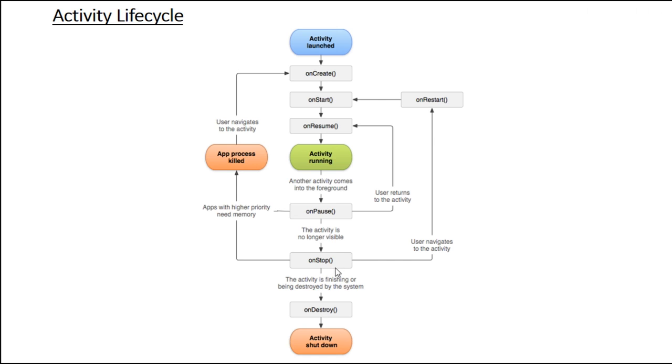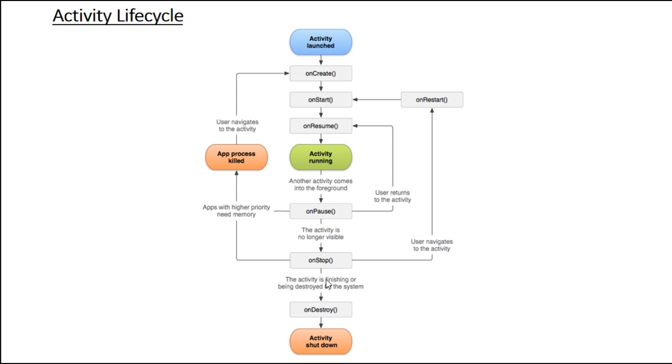After finishing onStop, if an app with a higher priority needs memory, that means if the system needs more memory, the Android system kills the process in which your activity is running. In that case, if the user comes back to the activity, the system again calls the onCreate method. So the onCreate method is called only once throughout the lifecycle of an activity.